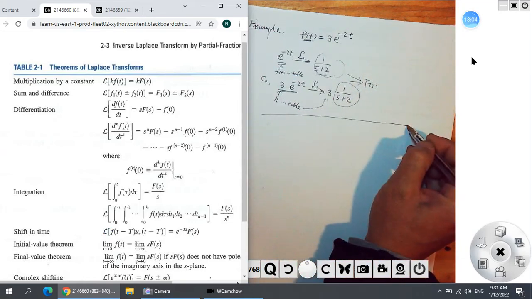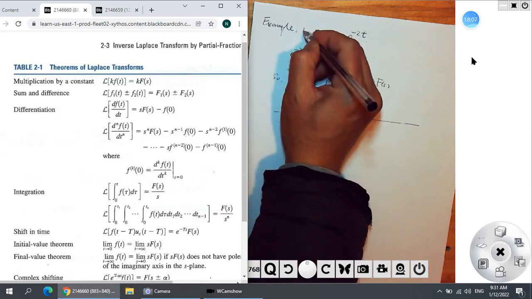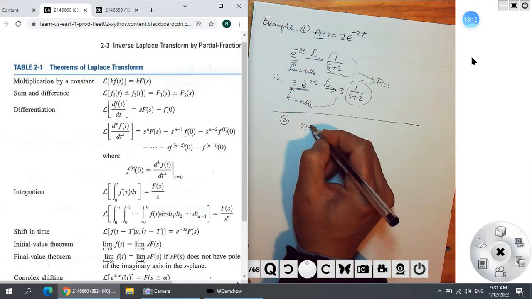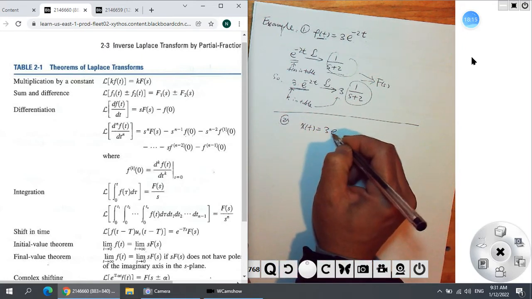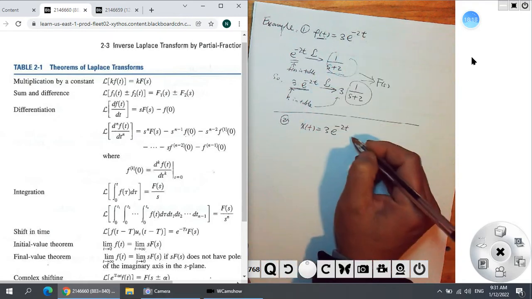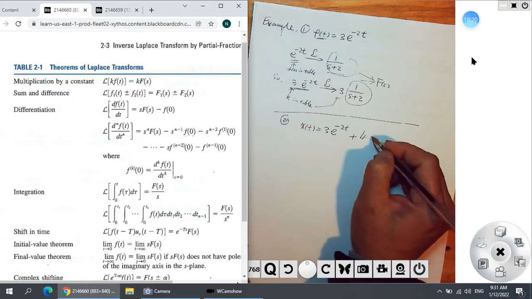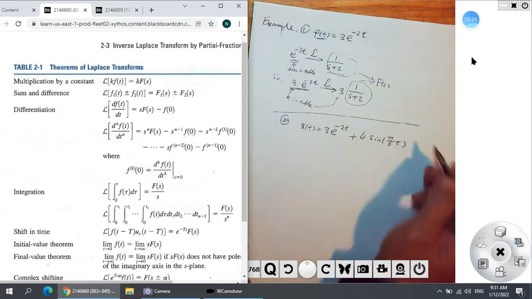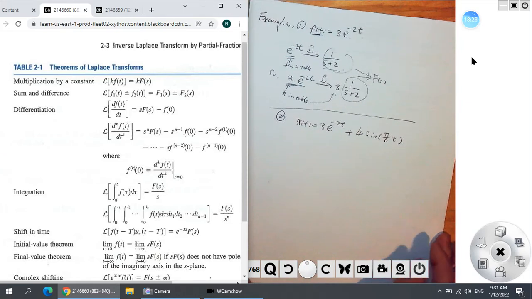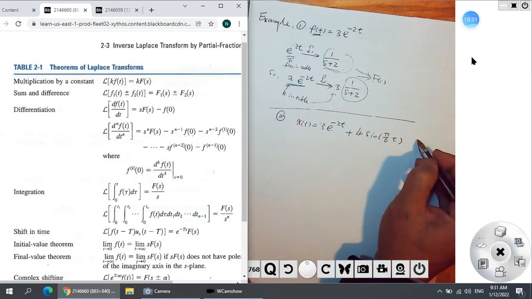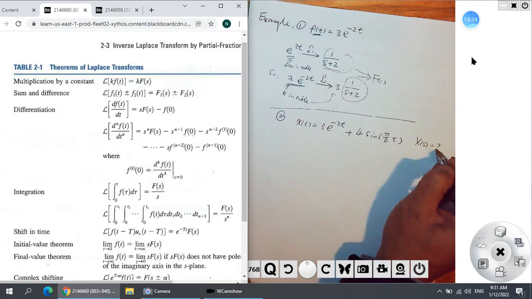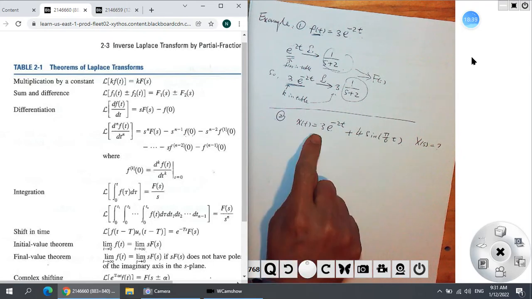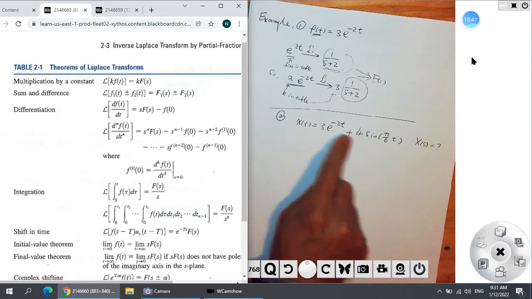Okay, this is one example where we use the first rule. For the second example, I use x of t equal to 3 times e to the negative 2t, I keep this part, plus 4 times sine of pi over 6 t. What is the Laplace transform of this? We want to find X of s. We have two parts, and each part is a constant times something.